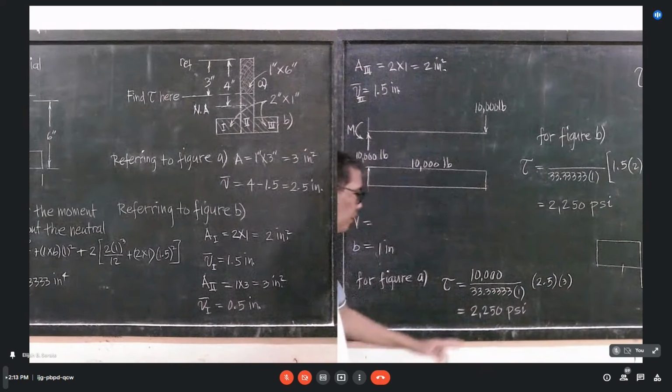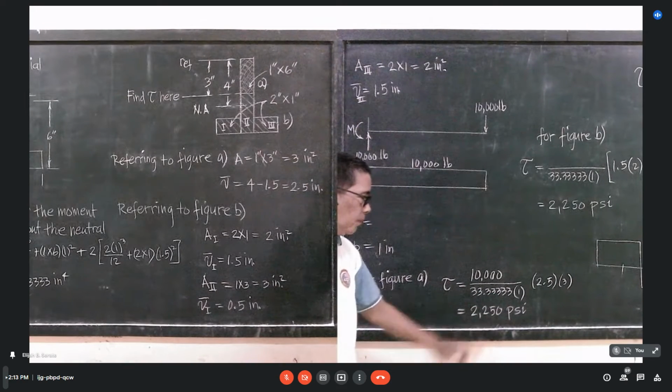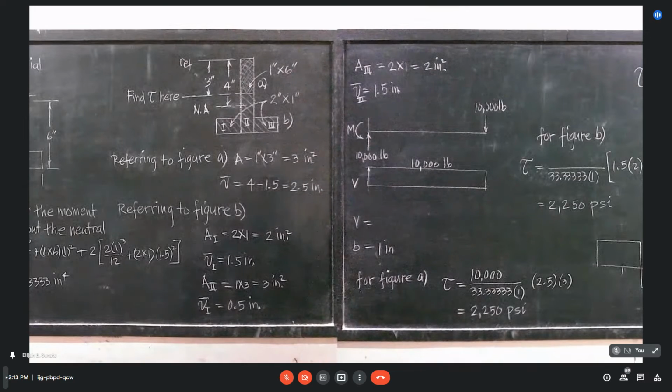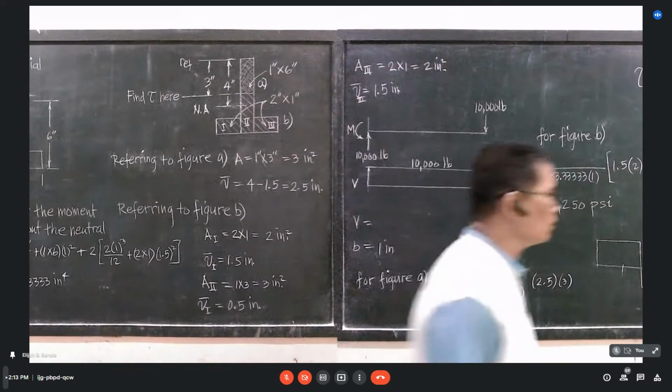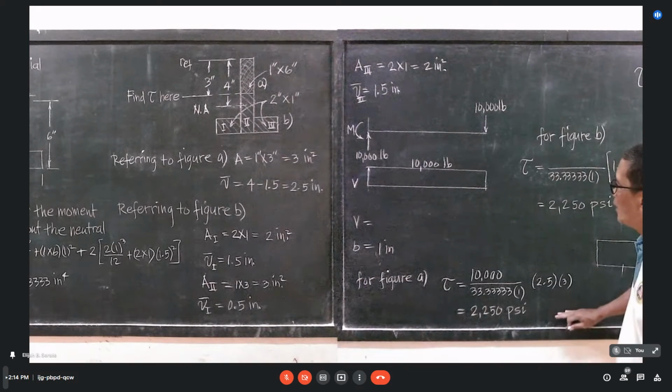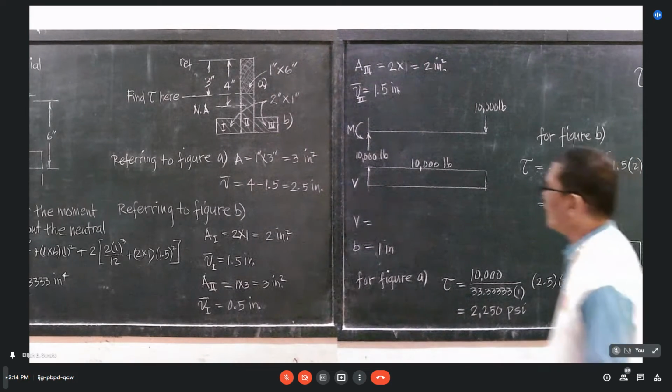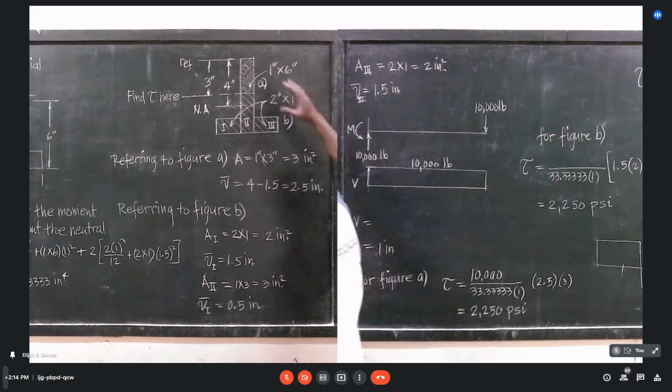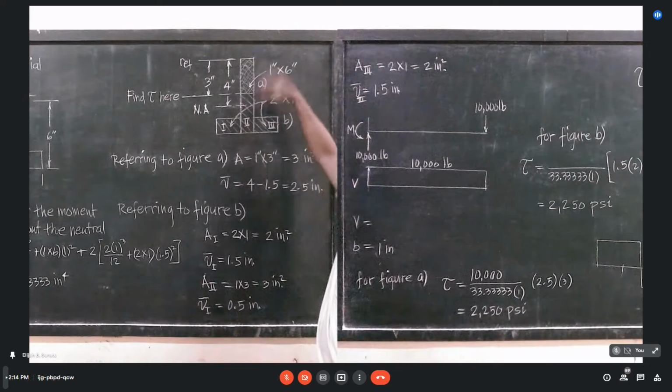And it will give us 2,250 pounds. You try to bring your calculator so that you can check. Okay, so this is the result considering the area which is towards the outermost fiber on the top.